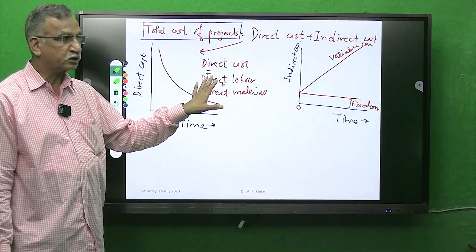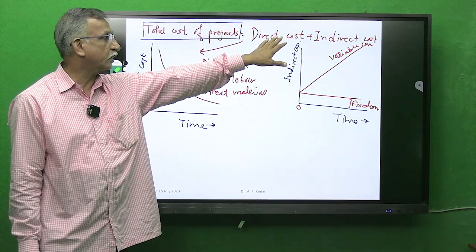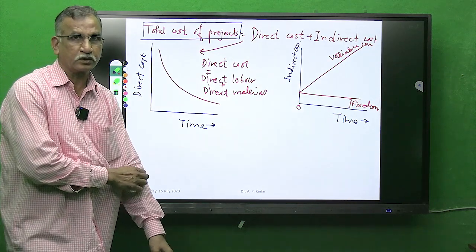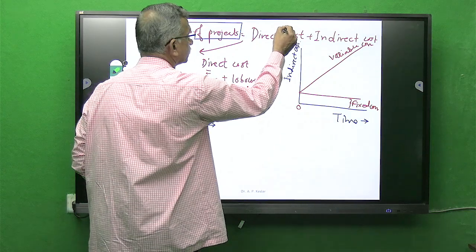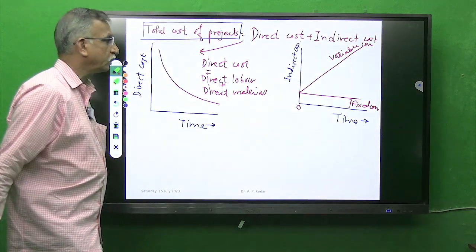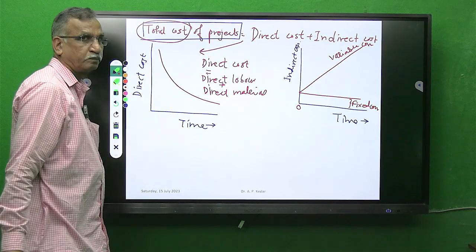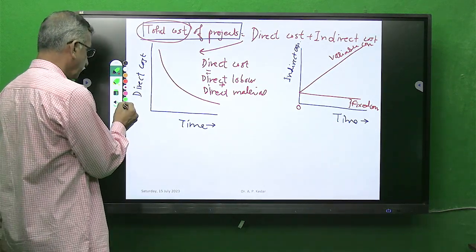So any project, may be small or big, will comprise two costs, direct cost and indirect cost. See, as an OR consultant, OR specialist, we are never interested in only one or two parts. We are interested in the total cost of the project.